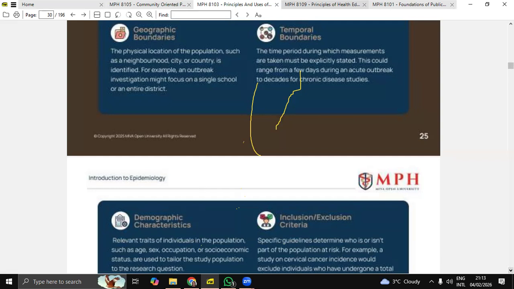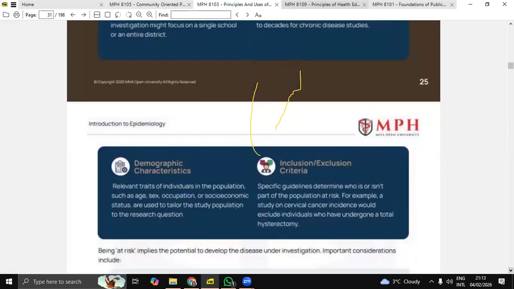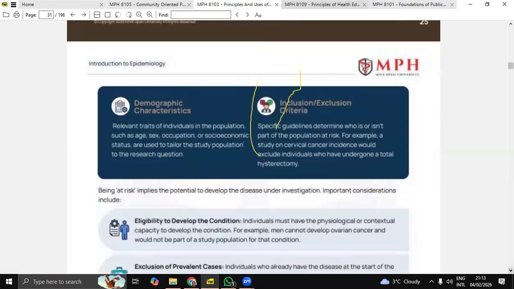We should be able to talk about the time we are looking at. If we are saying incidence, around what time? Is it 2024? Which period are we looking at? We cannot just say, I want to study incidence, and leave the time open. Then we should characterize demographically the people we are interested in: the age, the sex.